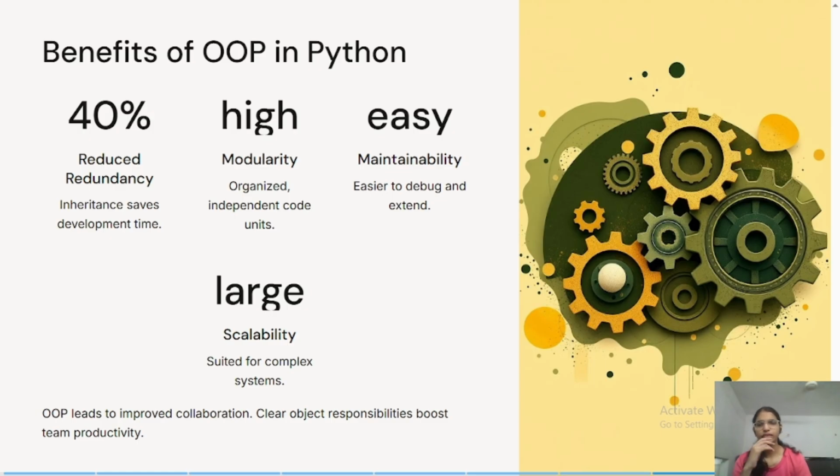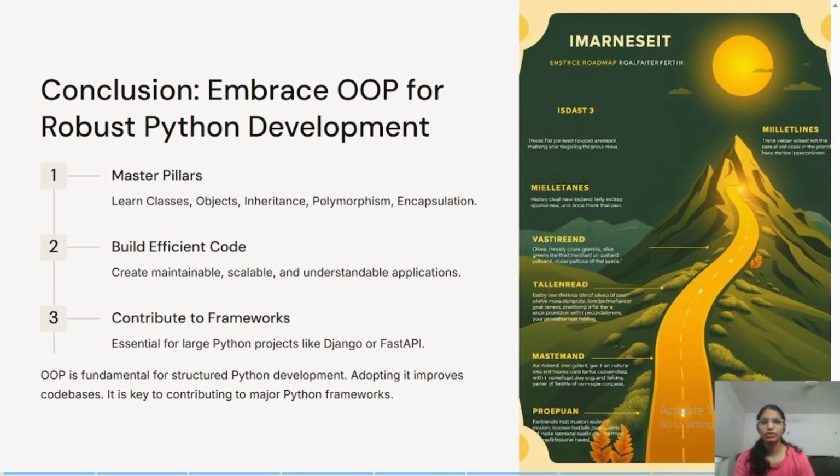Coming to the conclusion, in this video we saw the basic idea of OOPS in Python. These are just basic things you are going to learn. It's just a trailer for the movie you are going to watch.